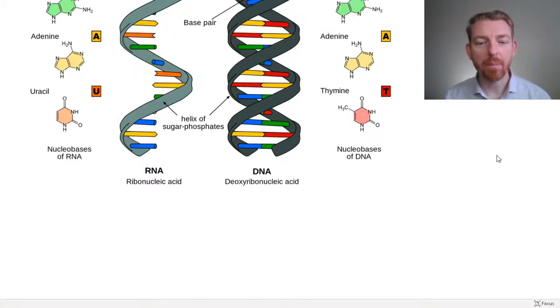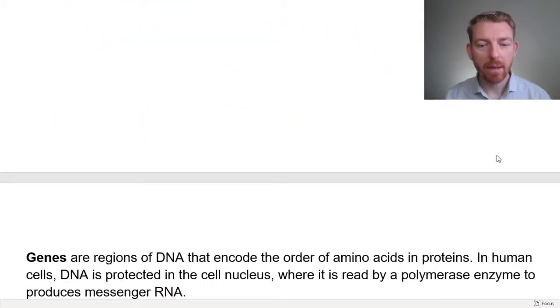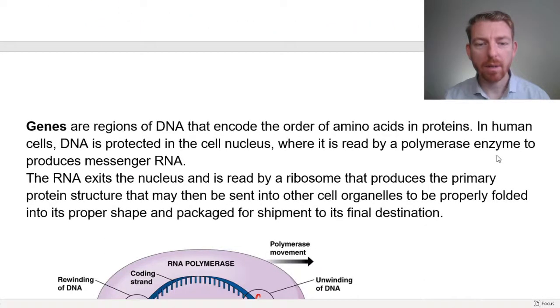So how does this work in practice? When we talk about DNA, we also talk about genes. Genes aren't really separate molecules by themselves. Think of them more as regions on a DNA chain that are encoding for specific proteins.